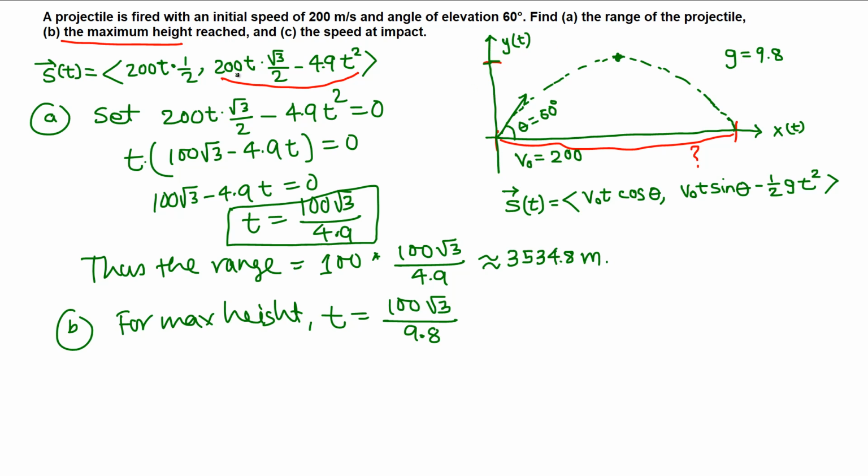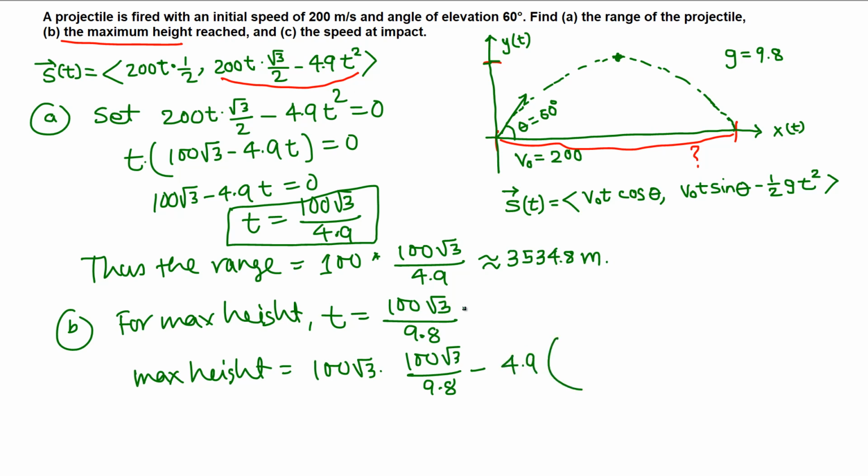Okay, now we want to find the height. That's the y component, which is given by this formula. This is the x component, this is the y component. So max height is just 200 t times root 3 over 2, which is 100 root 3 t, where t is 100 root 3 over 9.8, minus 4.9 t squared, 4.9 times 100 root 3 over 9.8 squared.